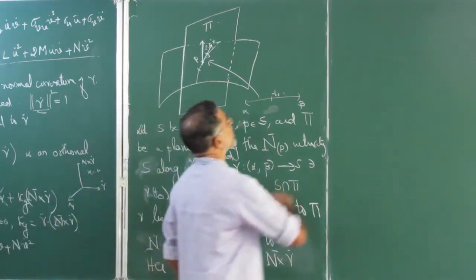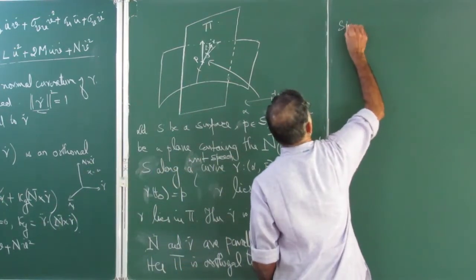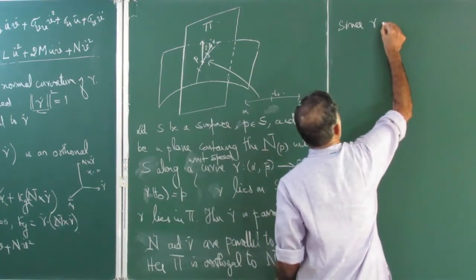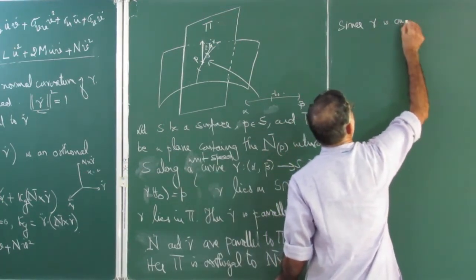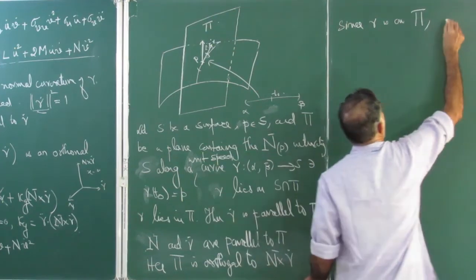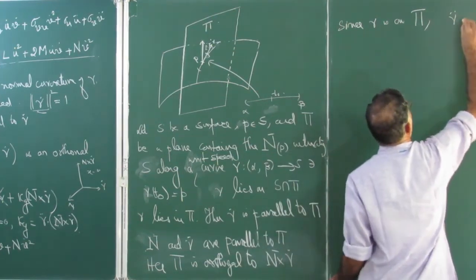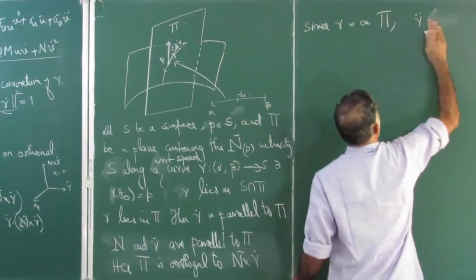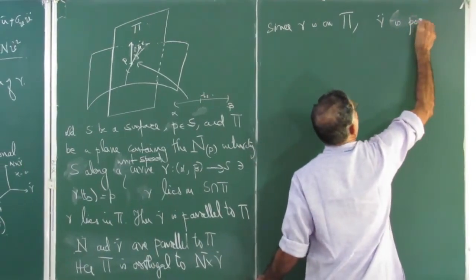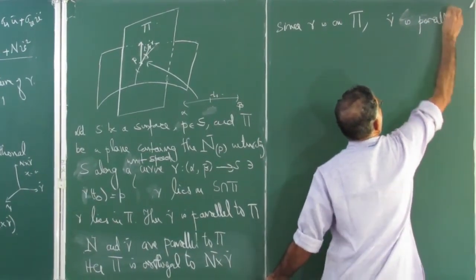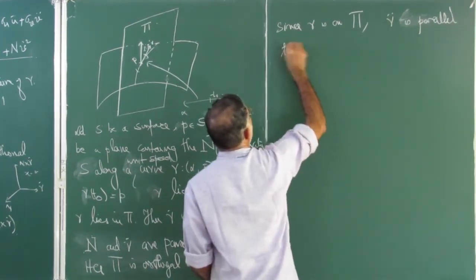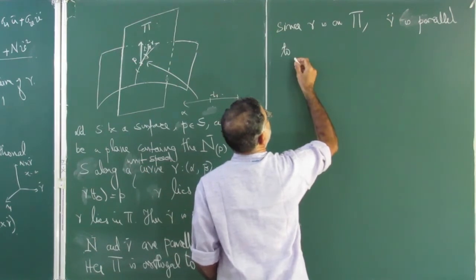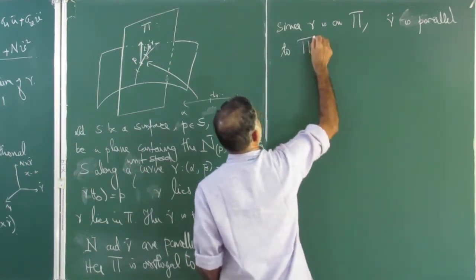So what about gamma double dot? Since, as we did earlier, gamma is on pi, gamma dot as well as gamma double dot lies in or is parallel to pi.